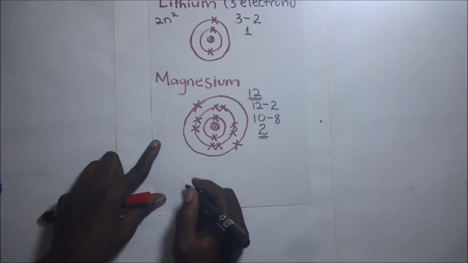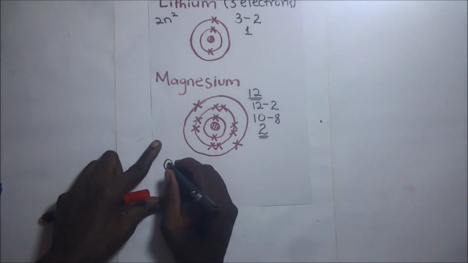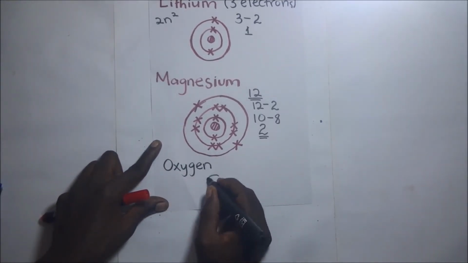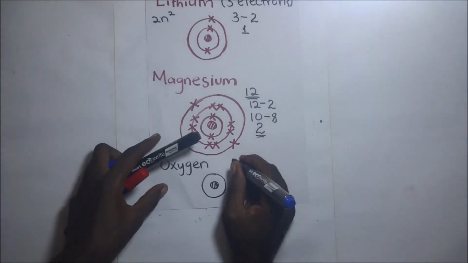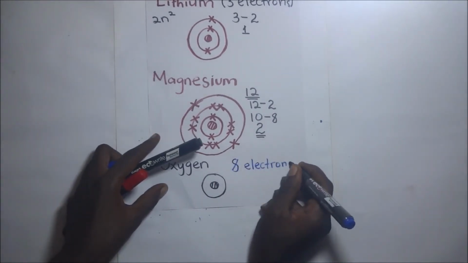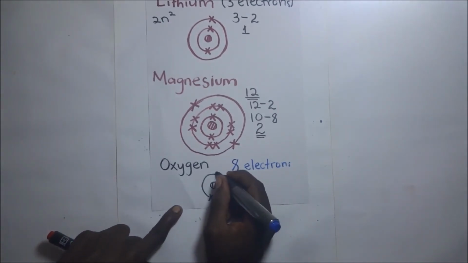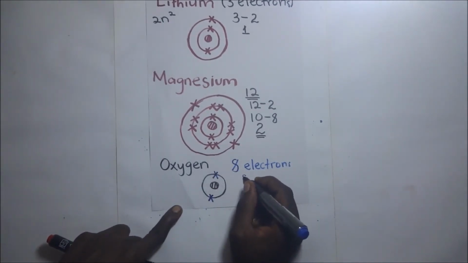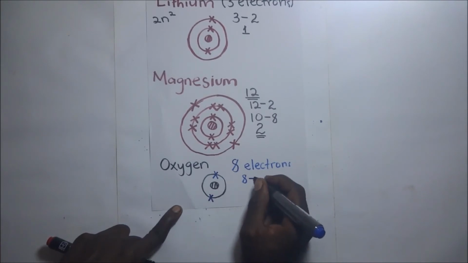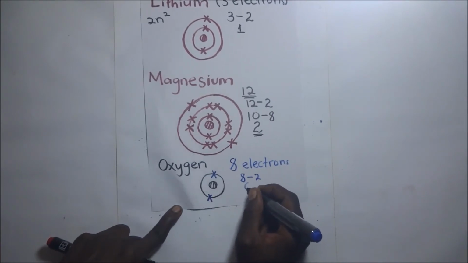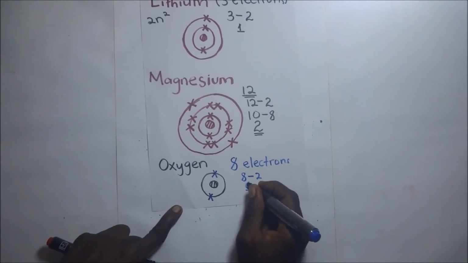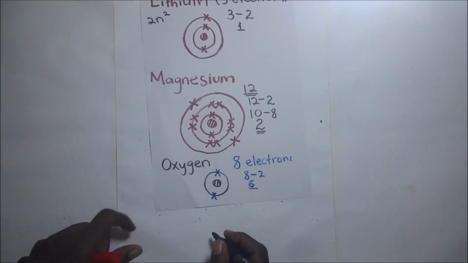For example, if we think of another element such as oxygen, oxygen has 8 electrons, and because it has 8 electrons, the first energy level can accommodate only up to a maximum of 2 electrons. When 2 electrons are accommodated on the first energy level, it means that 6 electrons have not yet been accommodated.